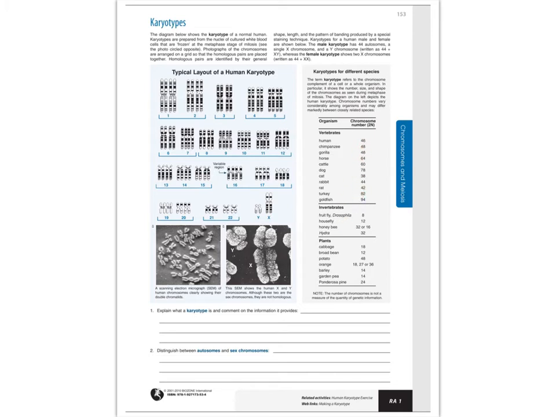So the number of chromosomes does not equate directly to how complex the organism is, which is not necessarily intuitive. You'd think the more chromosomes you have, the more DNA you have, the more complicated the organism is, but it doesn't seem to be true. So invertebrates, as you see here, a honeybee can have 32 or 16.